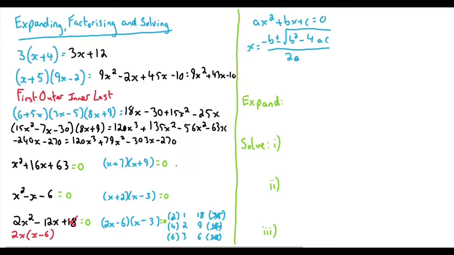So we're either going to have that x plus 7 equals 0, or x plus 9 equals 0. And moving the numbers over to get x on its own, we therefore have x equals minus 7 or minus 9. In this case here, you'd end up with x is minus 2 or positive 3, because 3 minus 3 would give the 0.